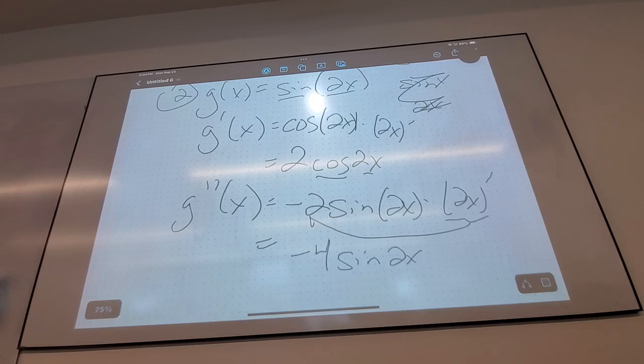So who can guess what g triple prime would be? You're going to pick up another factor of 2, so it'll be negative 8 cosine. The next derivative would be positive 16 sine. You guys start to see the idea. Every time I take a derivative of something that has 2x inside, the answer's going to double. Why? Because the derivative inside is going to have another factor of 2 come out.